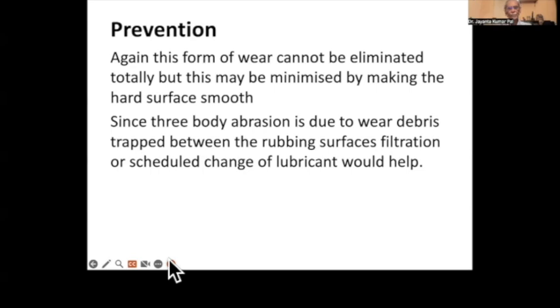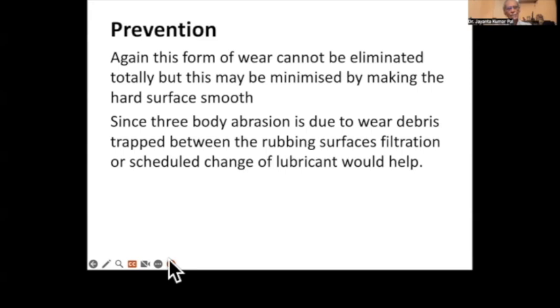Sometimes we may have to have a rubbing surface of steel against copper. And this may not be in our control or the designer's control. So there we make the steel surface as smooth as possible, because we cannot change the ductility of the opposing surface, copper.